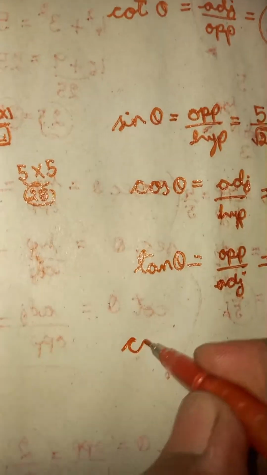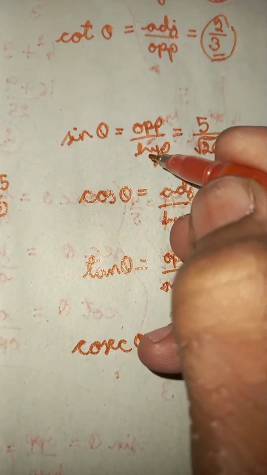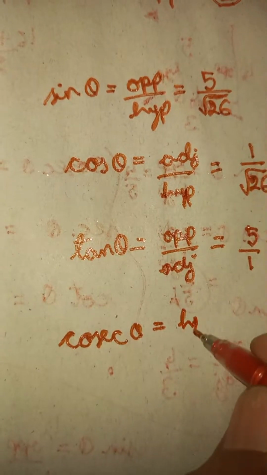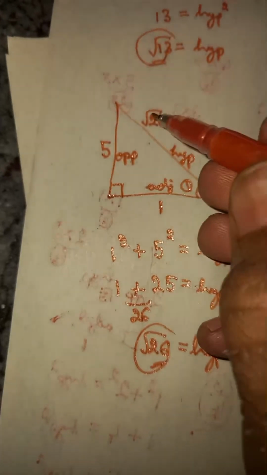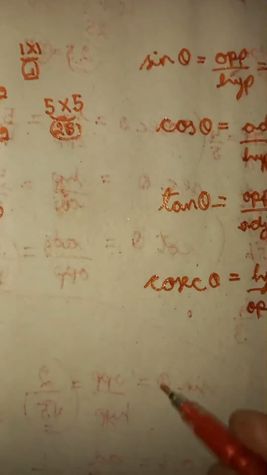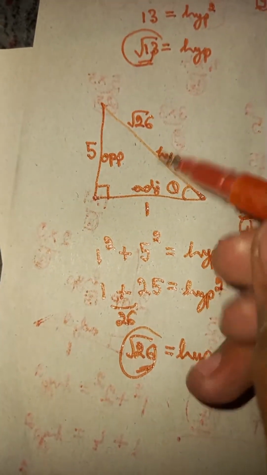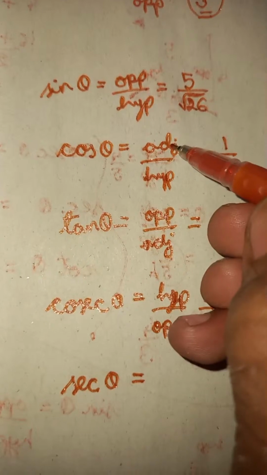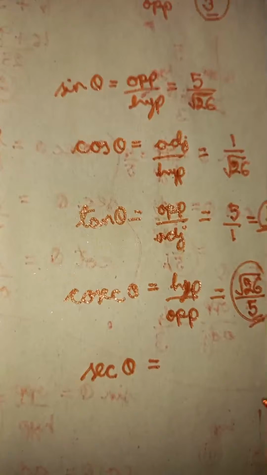Now let's find out cosecant theta. Cosecant theta is equal to the reciprocal of sine theta. Sine theta is opposite by hypotenuse, so here you're going to get hypotenuse by opposite. So this one is equal to root 26 by 5. Next, secant theta. Secant theta is hypotenuse by adjacent, the reciprocal of cos theta, which is adjacent by hypotenuse.